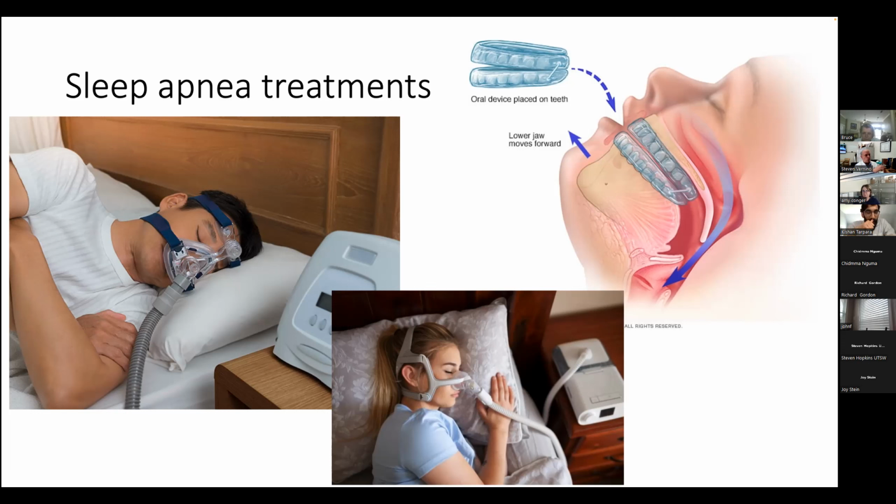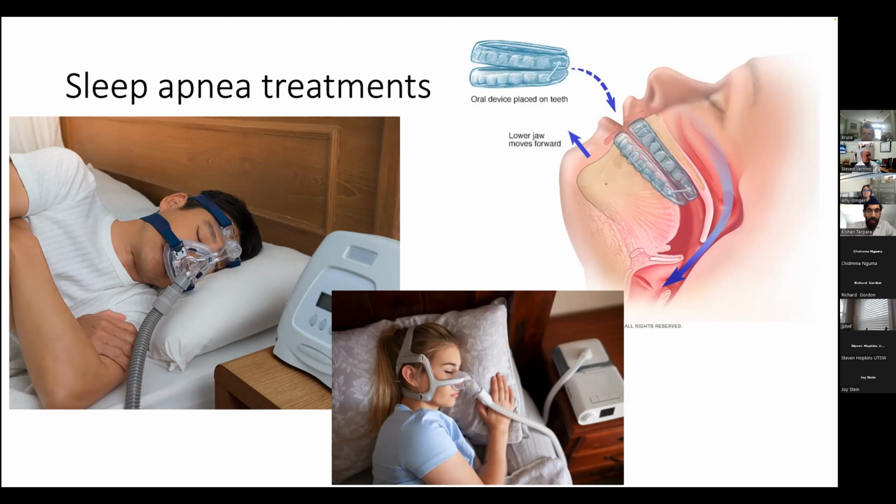If CPAP or BiPAP, the mask, is not an option, it's not working, you don't think you'll be able to tolerate it, or there are just a lot of other challenges, then on the top right is a picture of an oral appliance. This is another type of treatment for obstructive sleep apnea that holds your lower jaw a little bit forward and keeps it out of your airway.